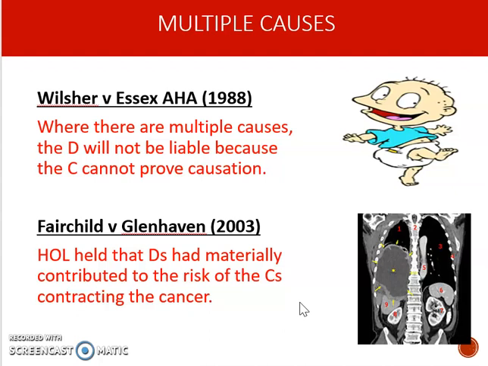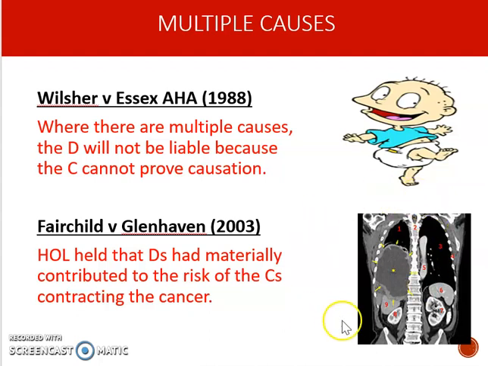Now, a number of employers had each negligently exposed these claimants to asbestos. And the problem was that the claimants couldn't prove which of the negligent employers they were working for at the time that they got this lethal cell which triggered the mesothelioma.